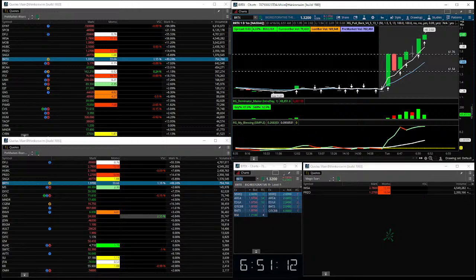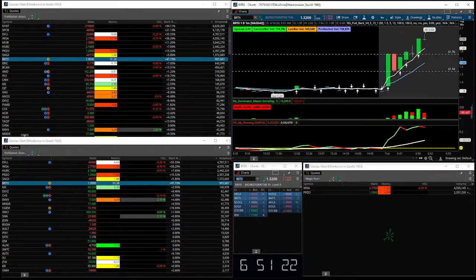Nice run up. Red dominator bar coming in. Profit takers at this level.